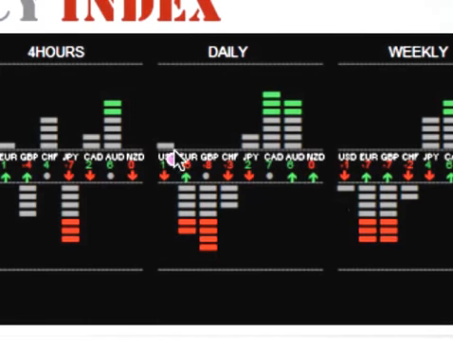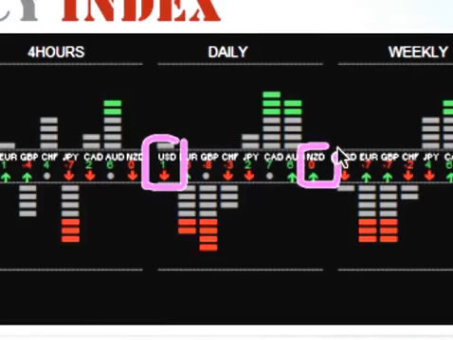Any other currency where the readings are around the zero line, such as the American dollar or the New Zealand dollar or the CHF or also the Japanese yen, well, those currencies, as you can see, are more or less around the zero line. At any rate, they are not beyond the extreme readings boundaries, and therefore those currencies are more or less in equilibrium with the rest of the market.